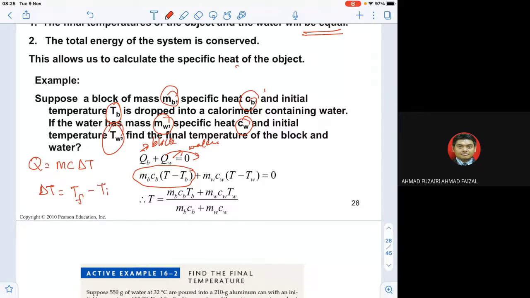Let's say the initial temperatures of the water and the block are TB at 80 degrees Celsius and TW at 25 degrees Celsius, and T is the final temperature.